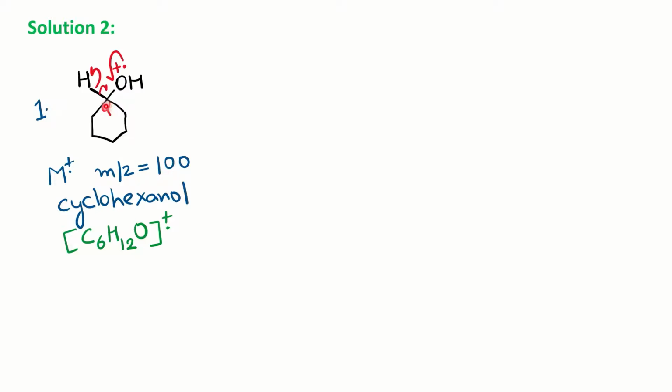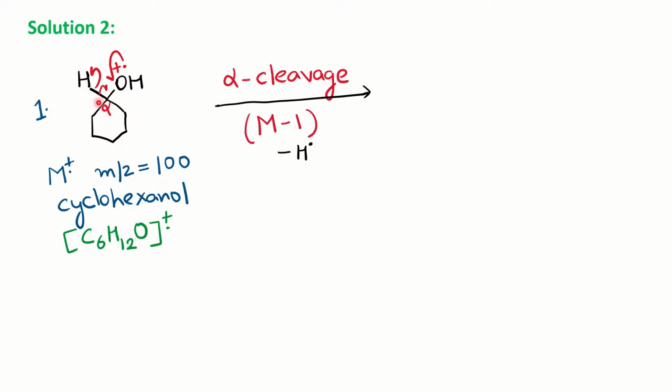Now the alpha carbon, which is attached to the oxygen. Okay, so the next bond will always be considered as the alpha bond. Here you can notice there are 3 alpha bonds. Okay, 2 ring bonds and one is a hydrogen bond, the CH bond. So first we are going to do M minus 1, that is M minus H alpha cleavage. Again, this bond is going to give one electron.